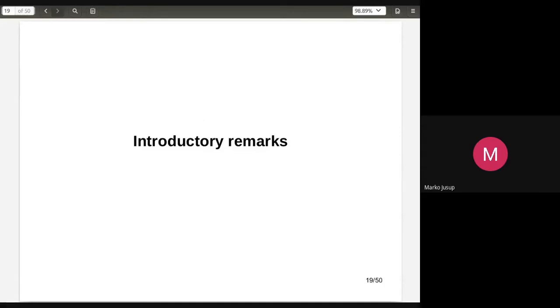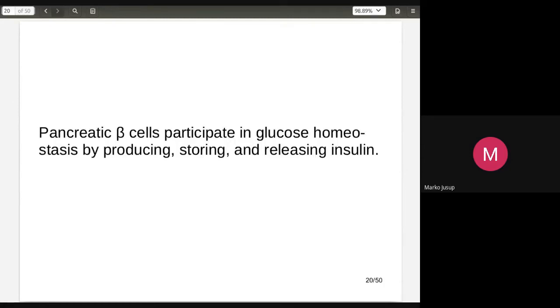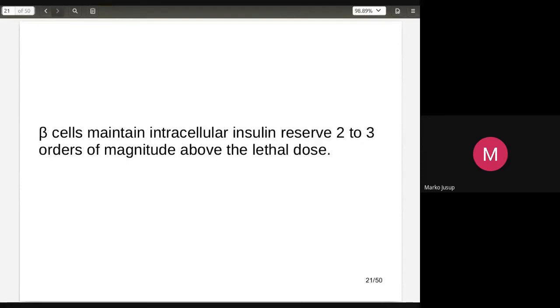A few introductory remarks just to put things into biological context. These pancreatic beta cells participate in glucose homeostasis by producing, storing, and releasing the hormone insulin. What is interesting about these cells is they maintain an intracellular insulin reserve that is 2 to 3 orders of magnitude above the lethal dose.